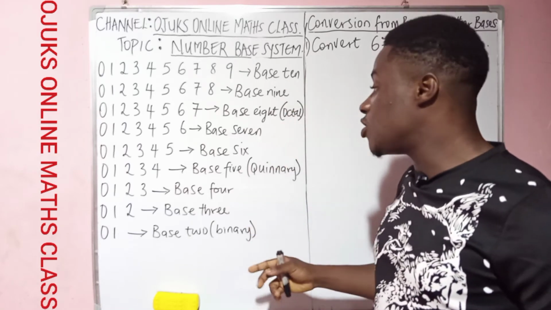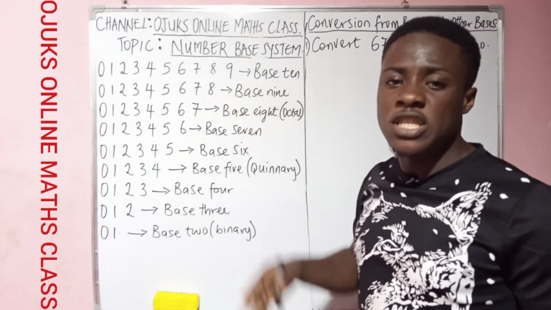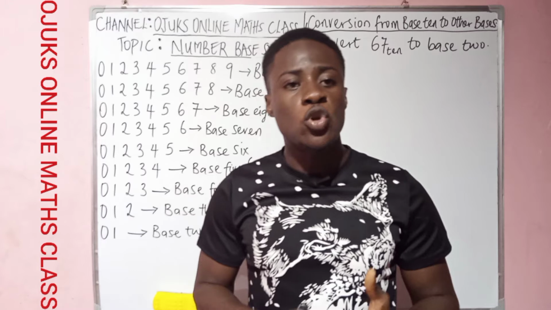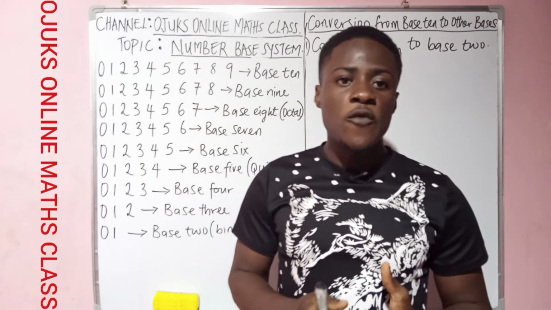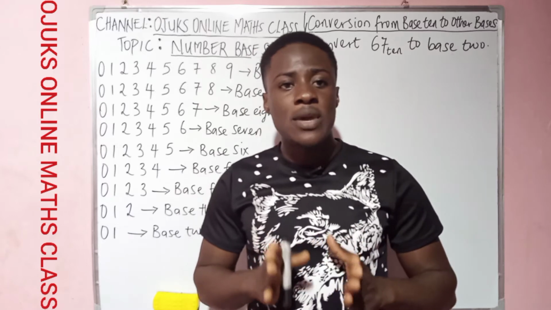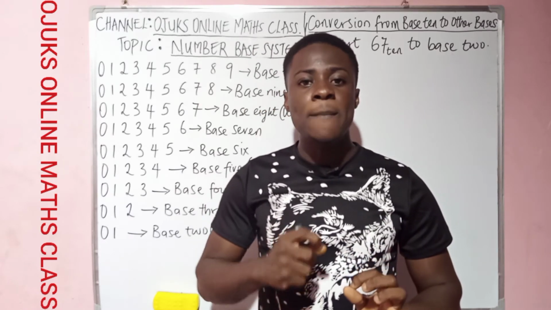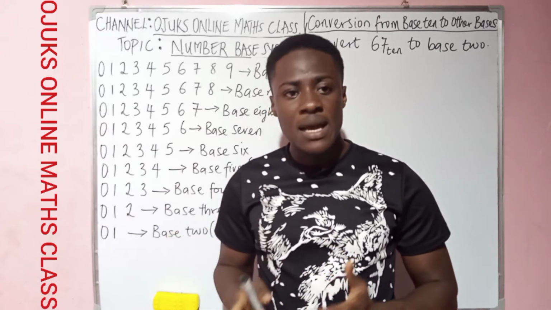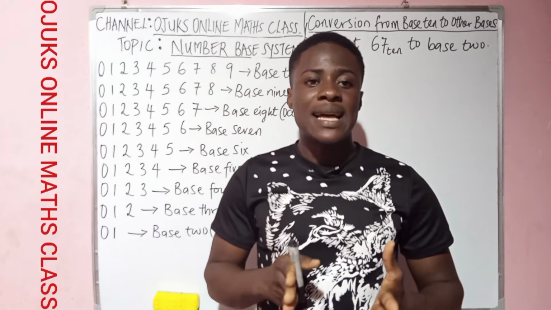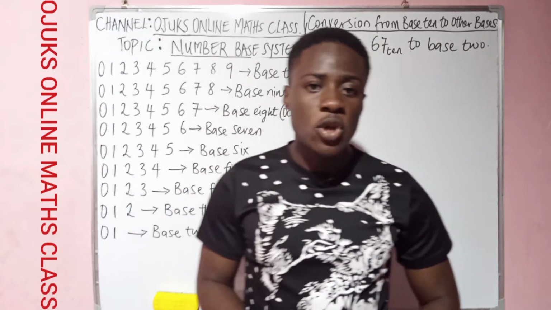We can even convert a number that is in base 2 to base 10. So it is very much possible to convert numbers from one base to another. First of all, we want to look at how to convert a number that is in base 10 to other bases.